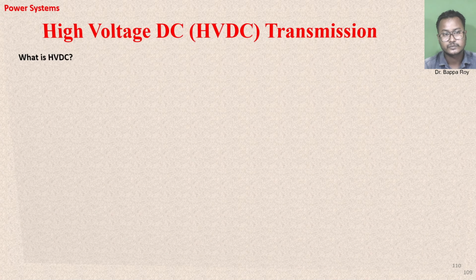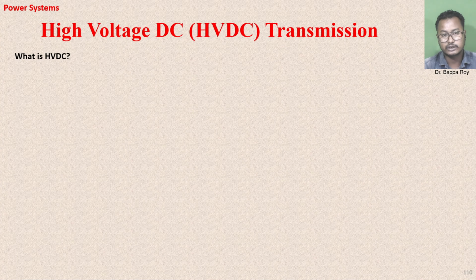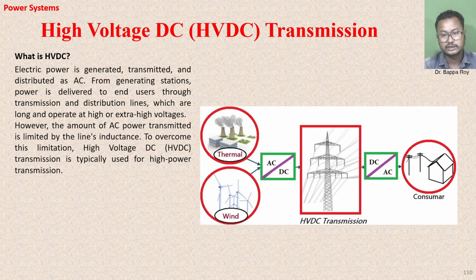So what is HVDC, or high voltage DC? As you can see in the figure, from the thermal or wind, or from the main grid or microgrid, or from the generation stations, power is transmitted through the transmission line by first converting AC to DC.